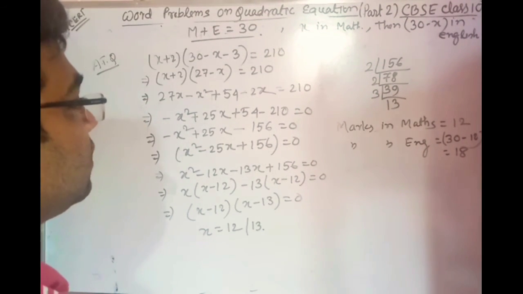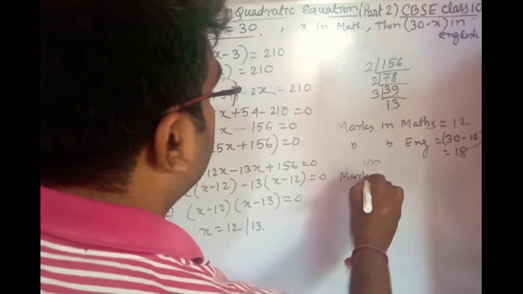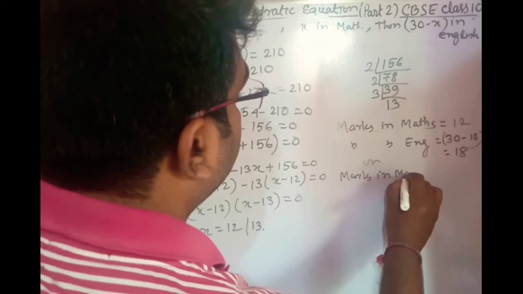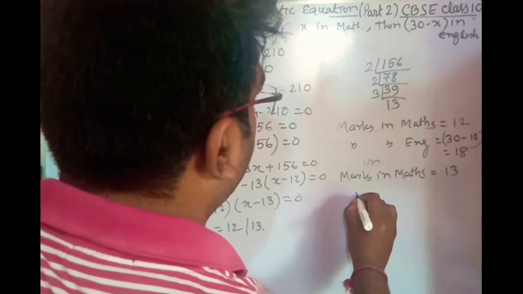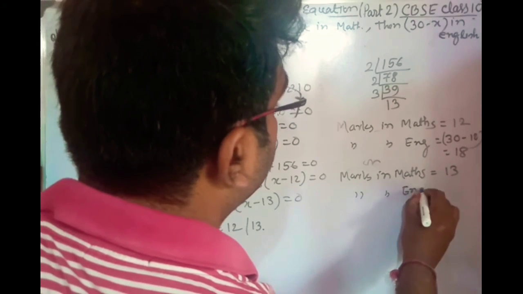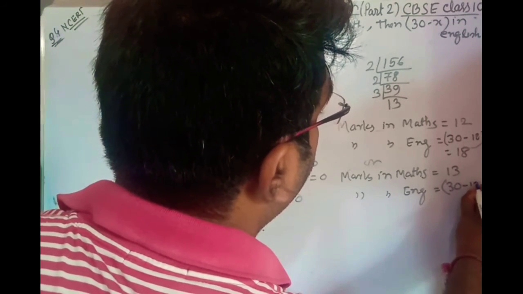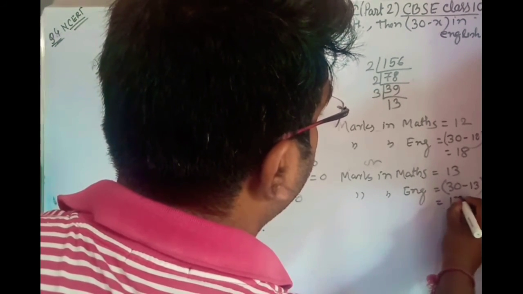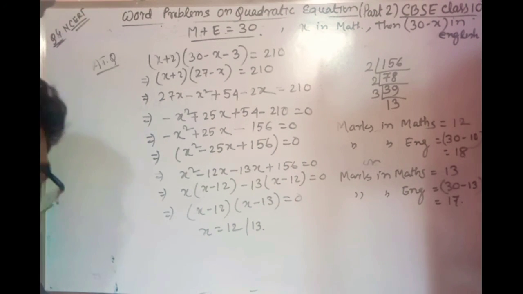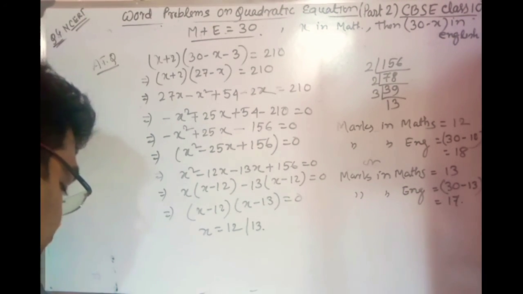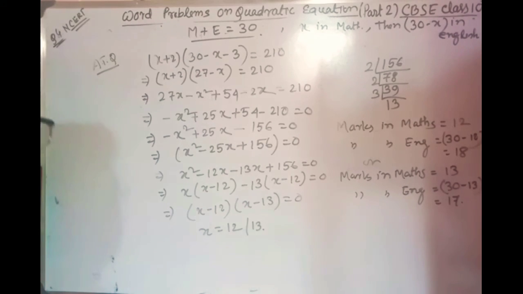This is the first case. Or marks in maths is 13, marks in English equals 30 minus 13, that is 17. Hope you are able to understand. Next, move to another question.